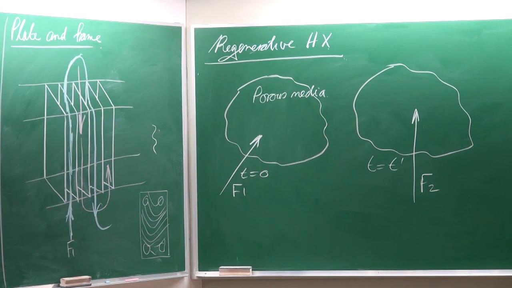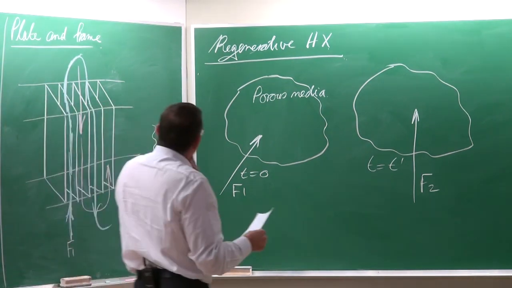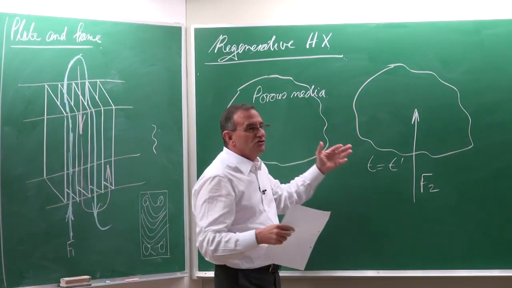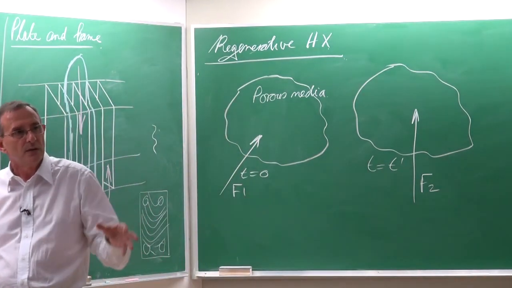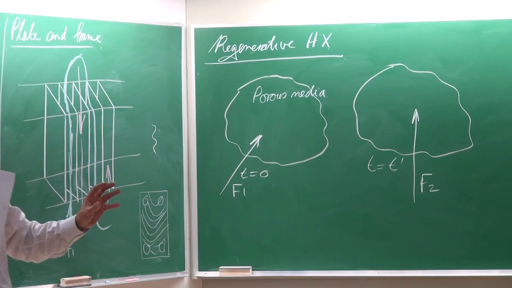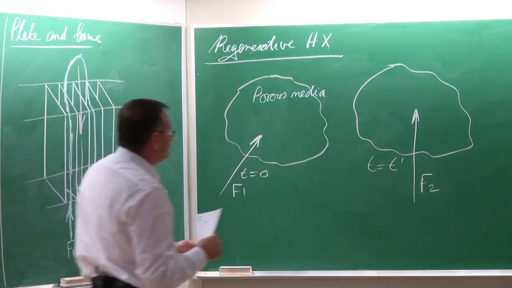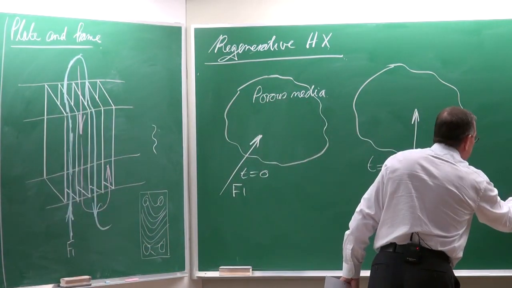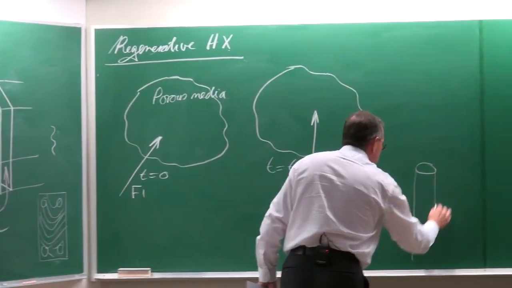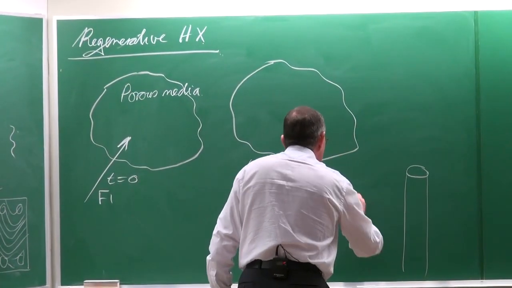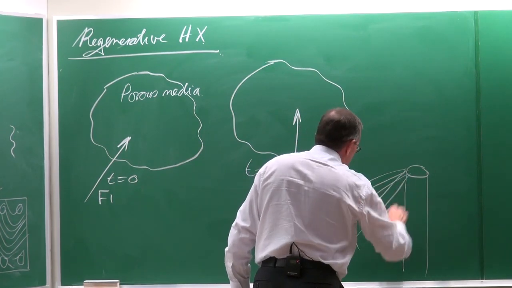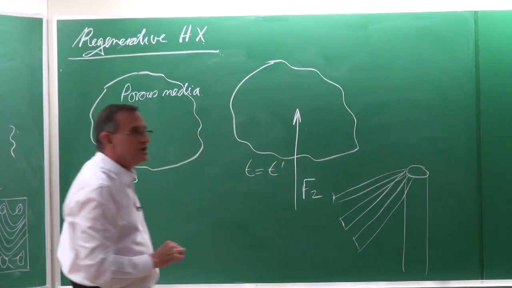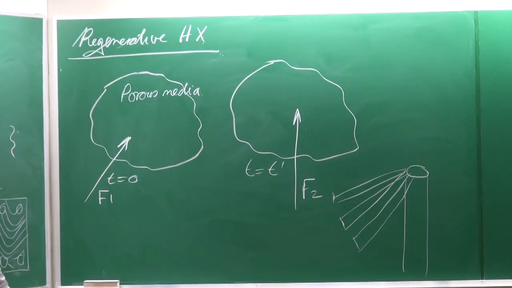These types of heat exchangers are specifically now being investigated for concentrated solar plants. As you know, concentrated solar plants make use of lots of mirrors. There would be a tower with a cavity receiver, and then you have all these mirrors that would concentrate their sunlight on this heat exchanger, the cavity receiver.